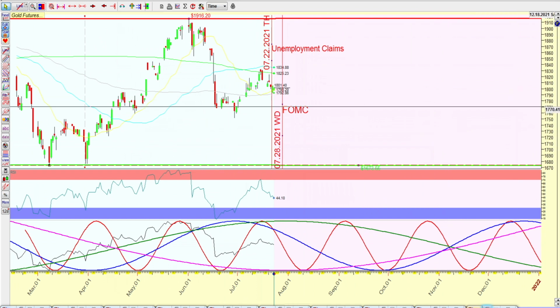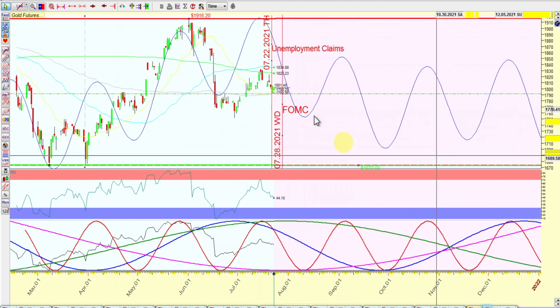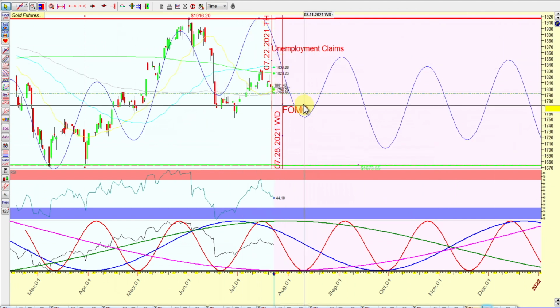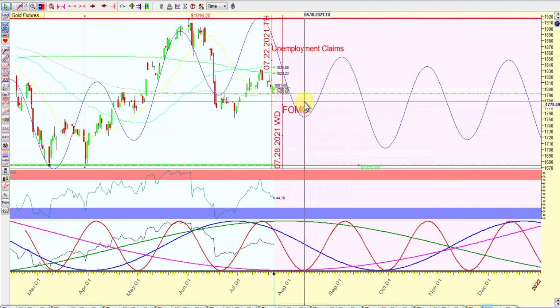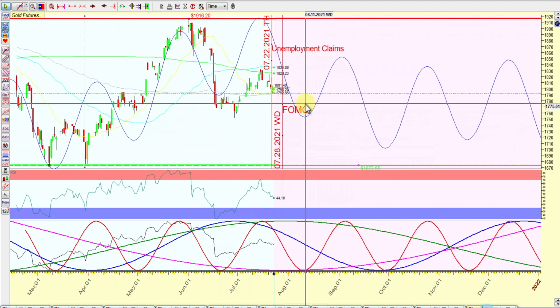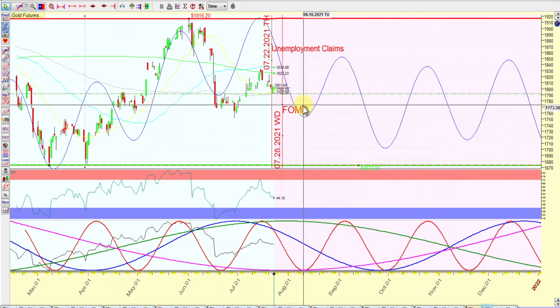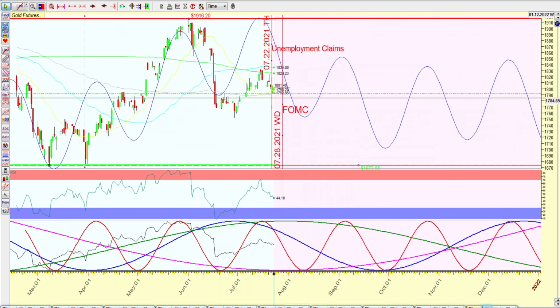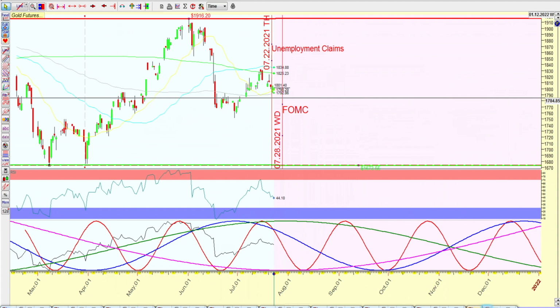If you do a composite of those four, you get this possible projection line for gold down into August 10-ish. Doesn't have to be an exact date, but rounding it off around there, and then up. That's the bearish view.